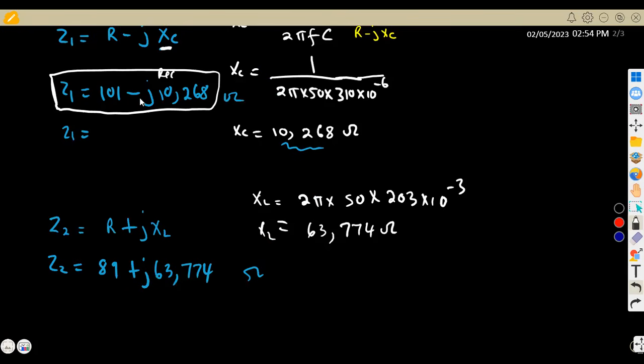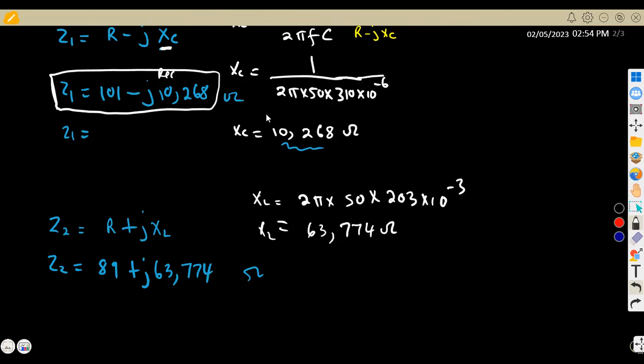Then you need to insert the values. So it's 101, then for the separation of these two, you press shift, then this comma here. Then for 10,268, you use the normal comma.